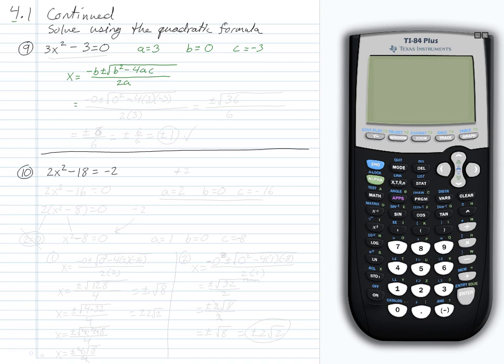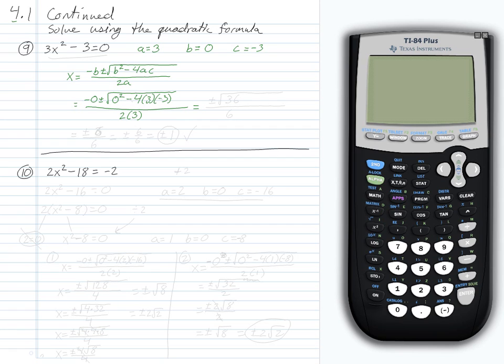So the parts we're going to plug in: opposite of b, so negative 0, nothing much going on there. Plus or minus the square root of b squared, so 0 squared, minus 4 times 3 times negative 3, all over 2a, so 2 times 3. So let's clean that up a little bit.